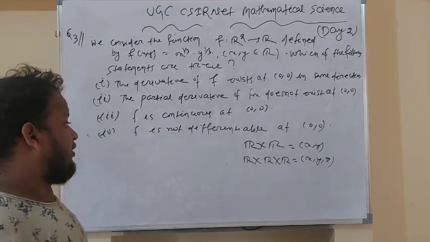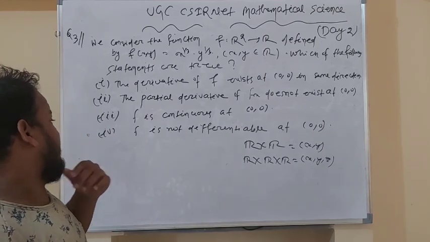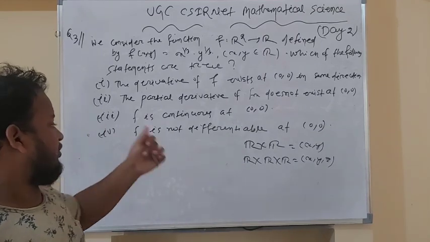The partial derivative of the function fx does not exist at (0,0). f is continuous at (0,0). The function is not differentiable at (0,0).